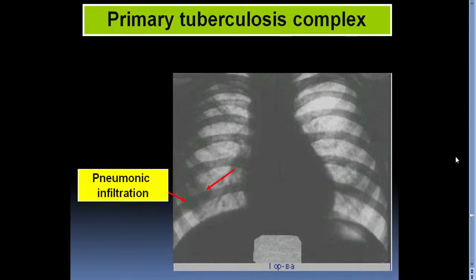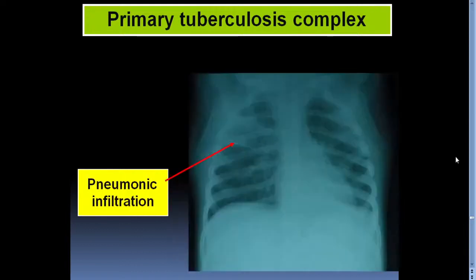Therefore, it is named the pneumonic infiltration stage. In this first stage, we should differentiate primary TB complex and pneumonia. First of all, we should treat pneumonia. If the effect of treatment is absent, we should treat tuberculosis.